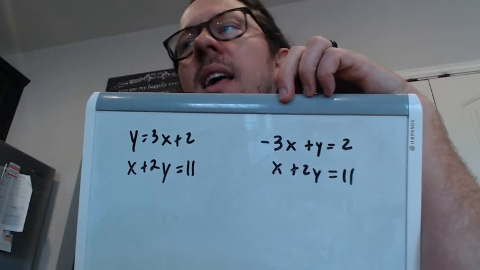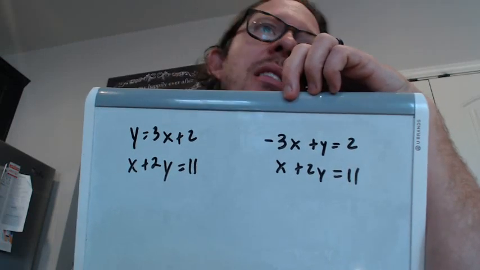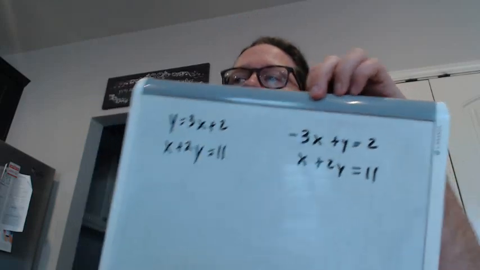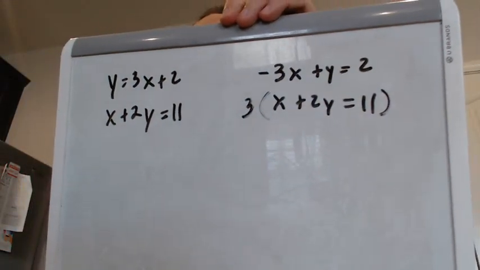So let's say I got a -3 up top, right? The opposite of -3 would be a +3, right? So what you could do is something like this. You could multiply this whole bottom equation by a 3, and if you do that, this top one stays the same, -3x plus y equals 2, but the bottom one becomes 3x plus 6y equals 33. See that?